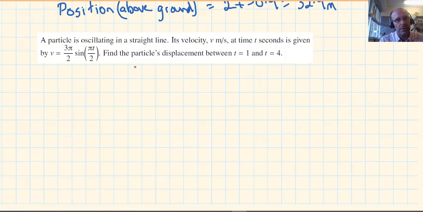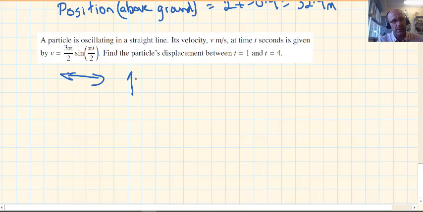Third and final, a particle oscillating in a straight line. Its velocity in v meters per second at time t is given by this function here. Now oscillating means it's going backwards and forwards or up and down in a straight line, and that may be what's called simple harmonic motion. Okay, straight line motion, so we've got v of t given to us.